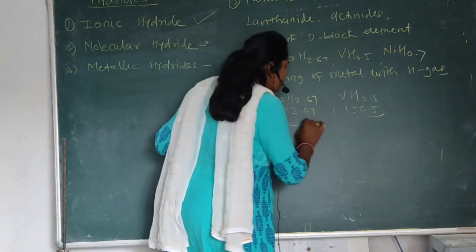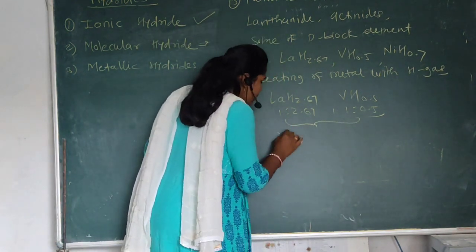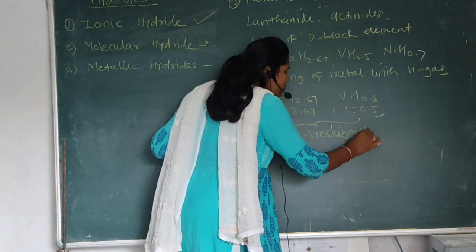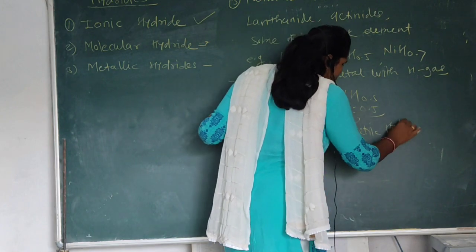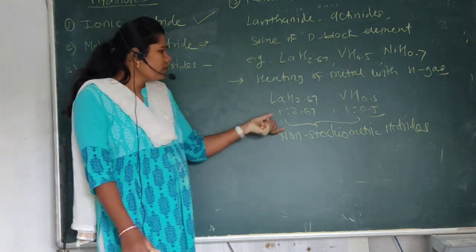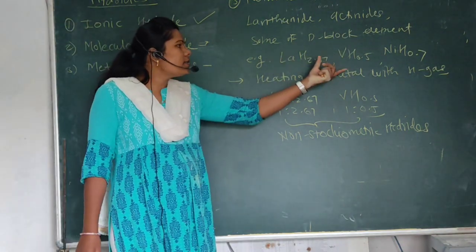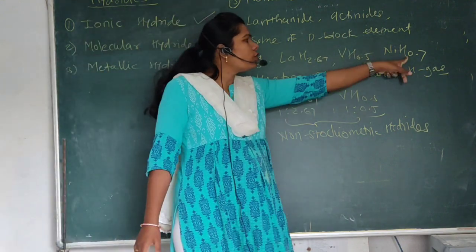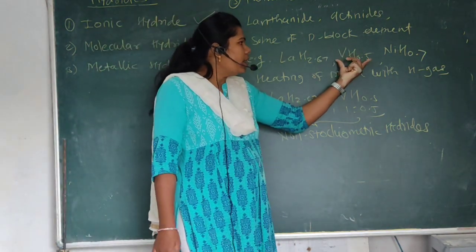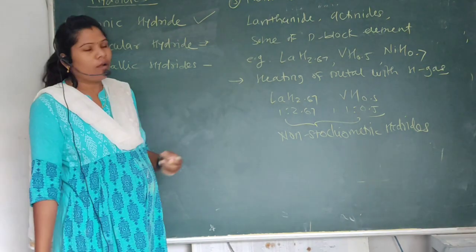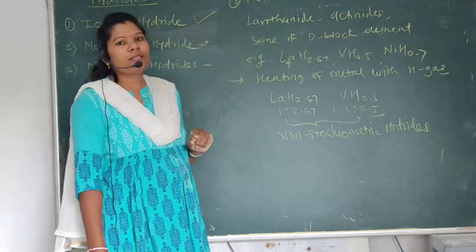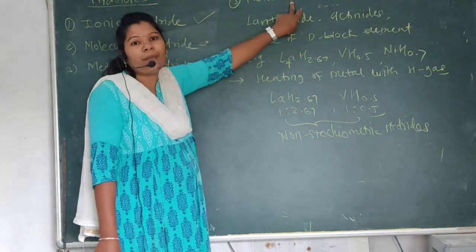That's why this type of hydride is also known as non-stoichiometric hydride. Next, these hydrides contain a smaller proportion of hydrogen. Due to that reason, these hydrides show the properties or characteristics of the parent metal. That's why this type of hydride is also called a metallic hydride.